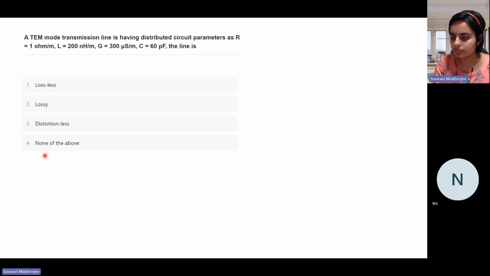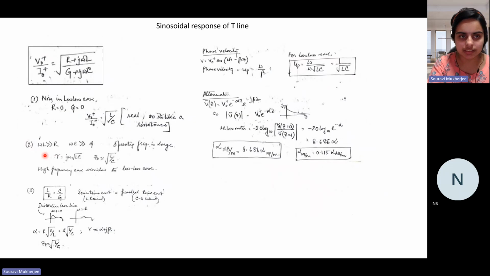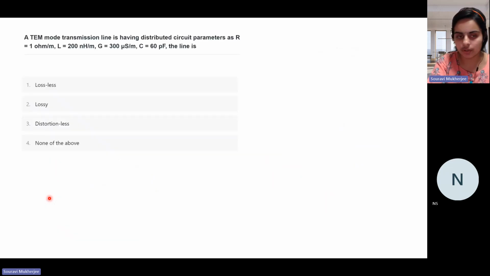So can you tell me which should be the solution? So basically, these are the cases, right? Look at the values and try to match with these cases, and that will tell you the answer. Okay, so it's pretty straightforward.